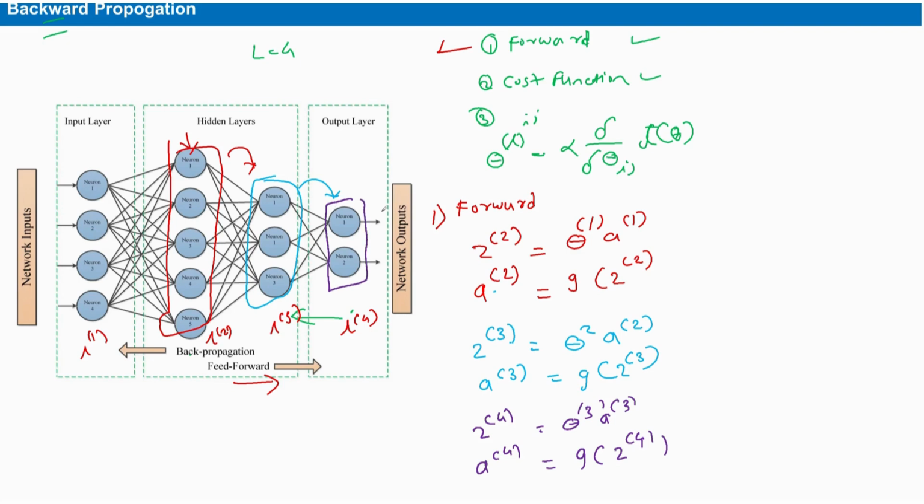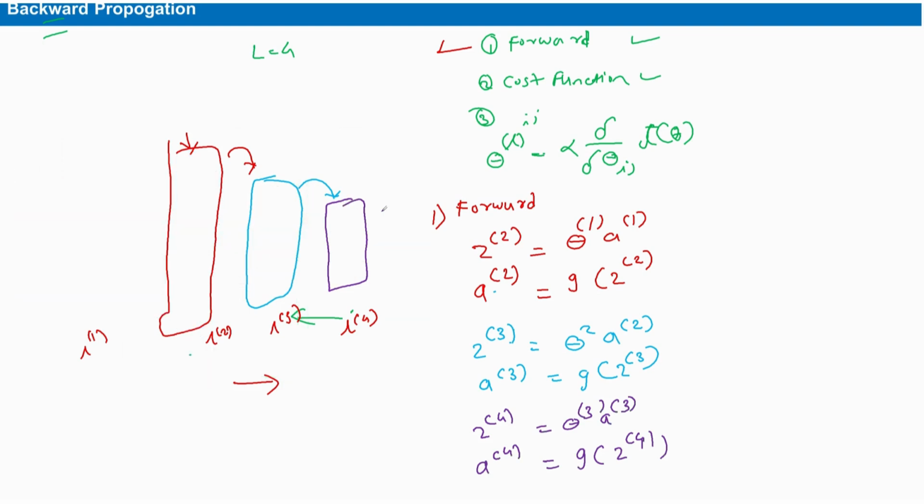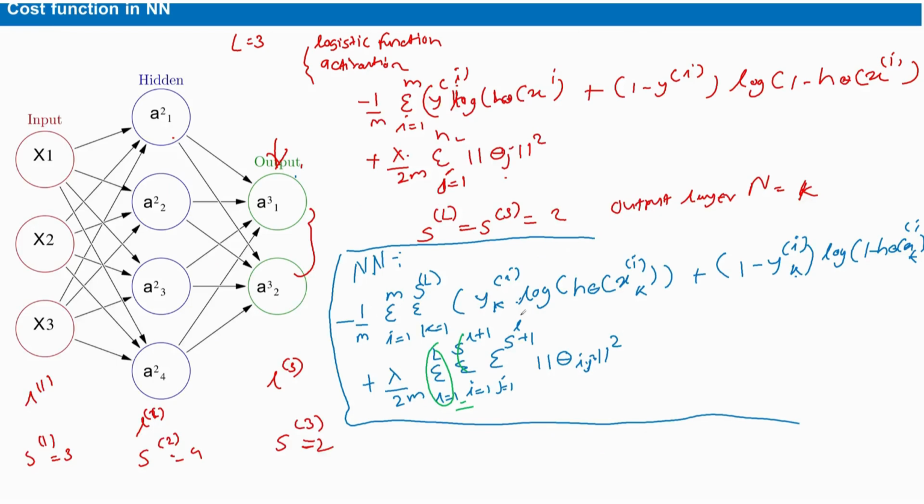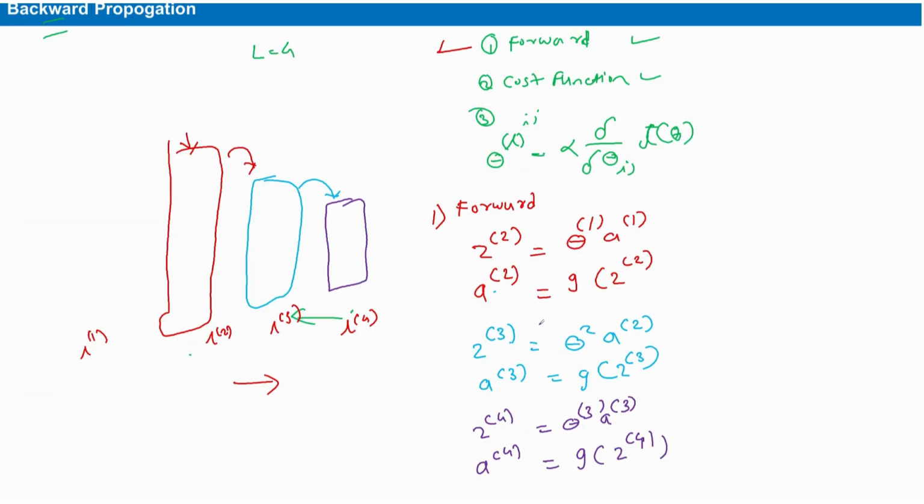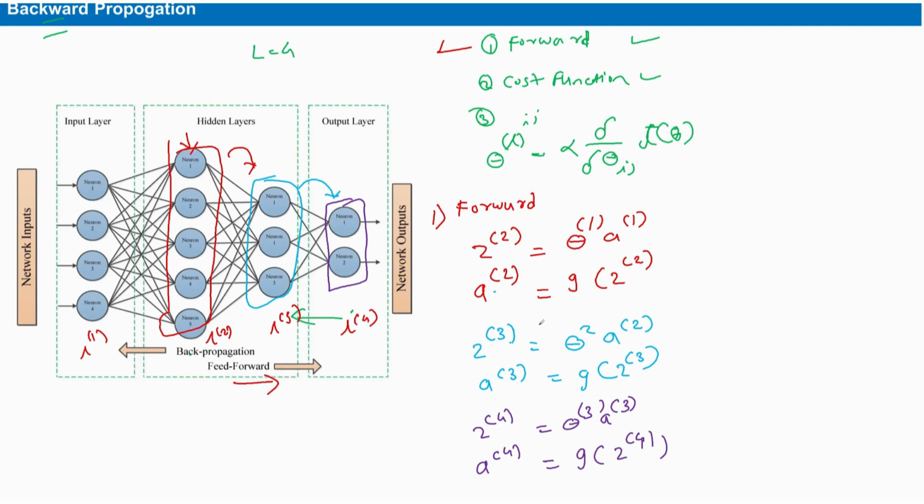Once you get the forward propagation, you need to compute the cost function. The cost function is computed by this formula, as I said. After that, the next step is to find out this term, the derivative of the cost function with respect to theta ij.